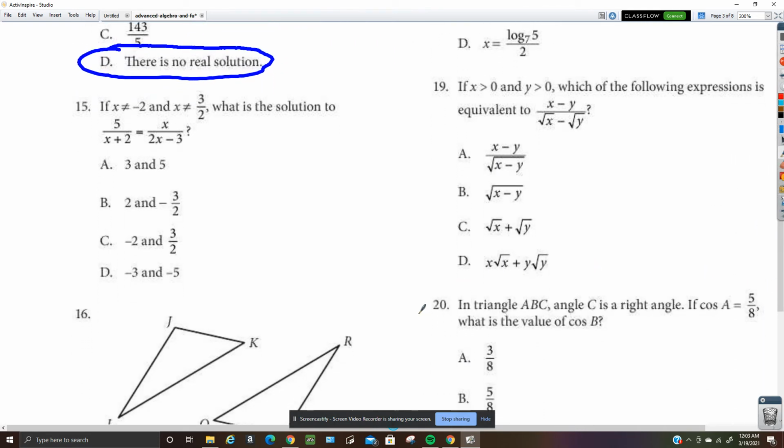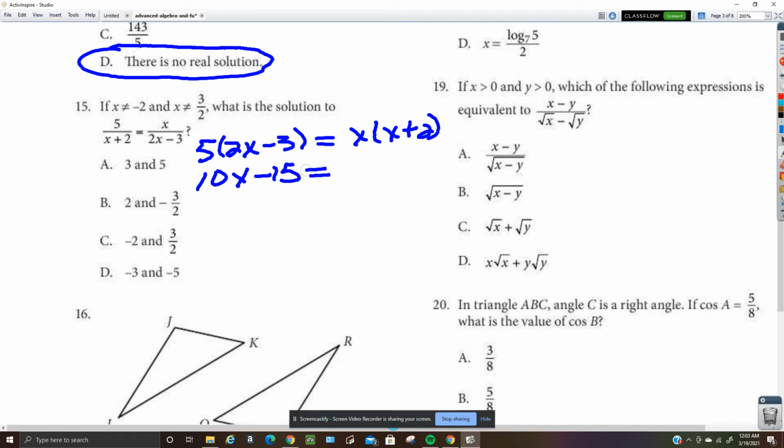All right, so what's the solution here? You want to cross multiply to get the answer here. So 5 times 2x minus 3 equals x times x plus 2. So 10x minus 15 equals x squared plus 2x. So you want to get 0 over here and then bring all the terms over.